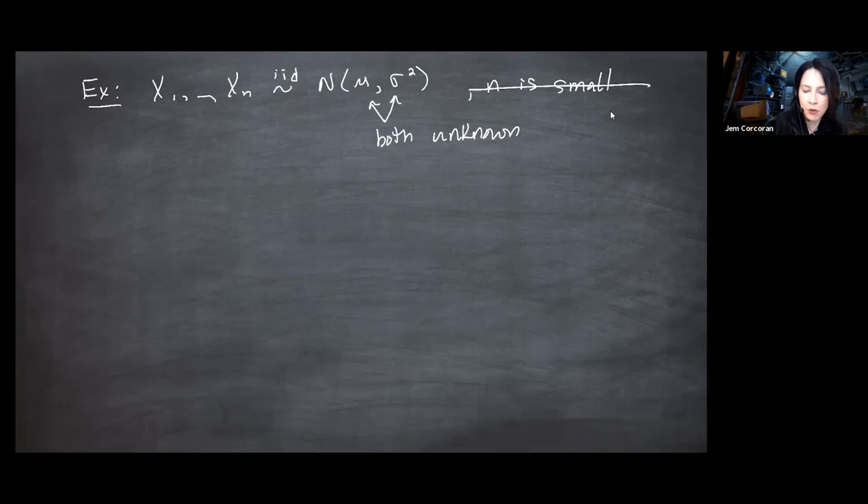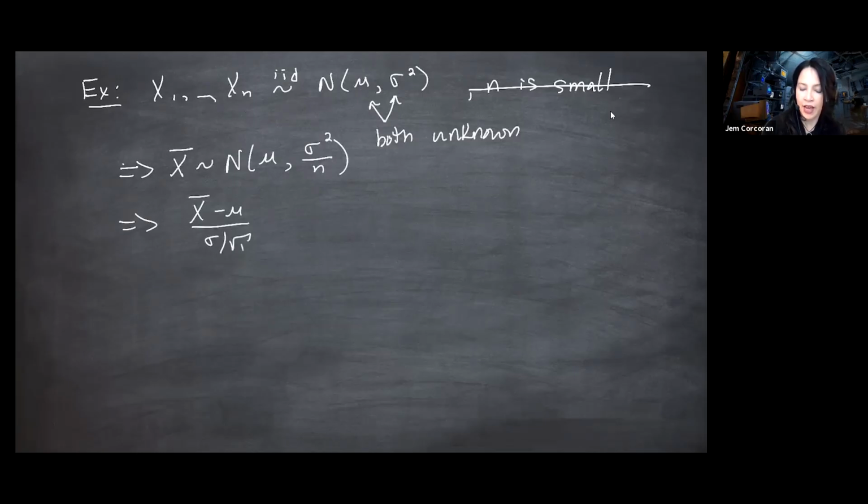So I know that this setup tells me that x bar is normal, and that's not by the central limit theorem. That's just a linear combination of normals. And the mean for x bar is always the original mean, mu, and the variance is the original variance, sigma squared over n. So yes, we know that x bar minus mu over sigma over the square root of n is a standard normal.